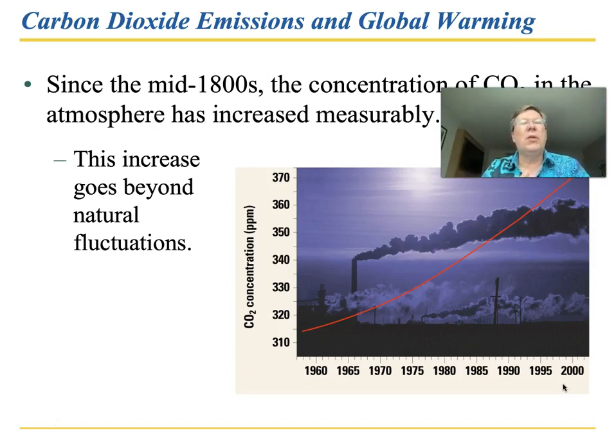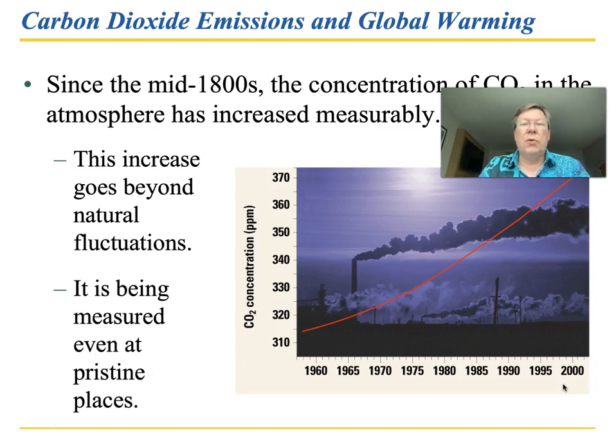I mean, volcanoes aren't so nice and regular. Earthquakes aren't so nice and regular, yet this curve is very nice and very regular. And so the second part of it is that even if you're going to places that don't appear to have much in the way of human impact, you see that this is occurring, and therefore it's a global phenomenon.